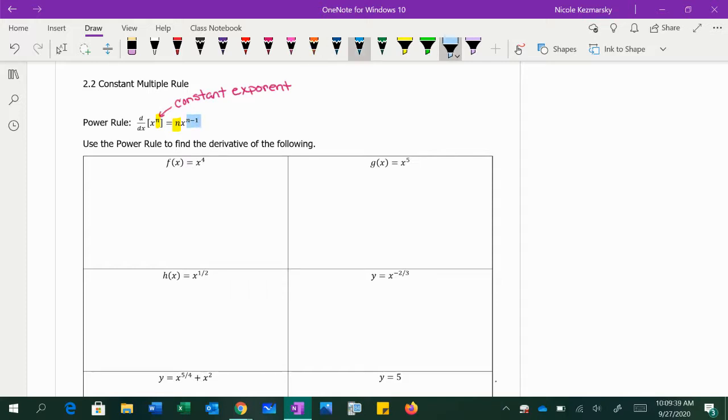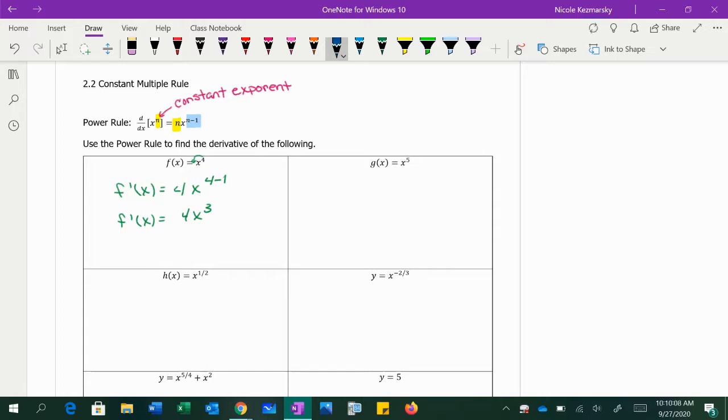So when we try this with x to the 4th, to find f prime of x, I'm going to bring the 4 down in front. So I'm going to say 4x, and then I'm going to take my exponent and subtract 1. So 4 minus 1. So f prime of x is going to be 4x cubed. And that's all there is to it.